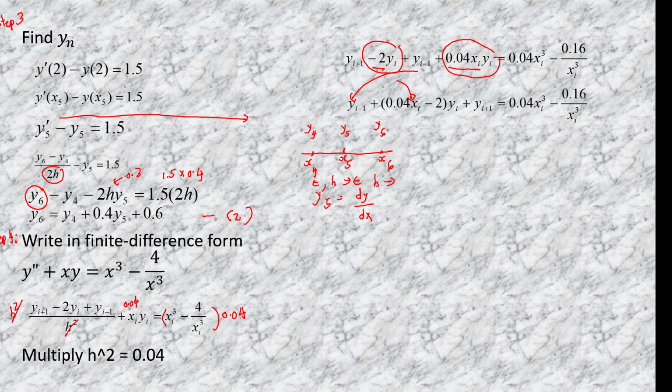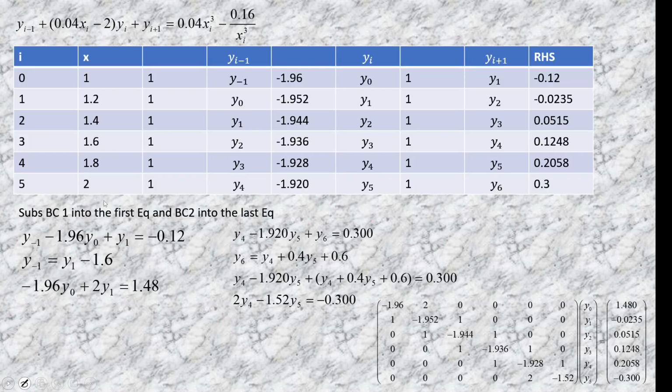After that, this is the formula that we obtained just now: yi minus 1 plus 0.04 xi minus 2 yi plus yi plus 1 equals 0.04 xi cube minus 0.16 divided by xi cube, for i from 0 to 5, as you obtained in step 4, where x is 1, incrementing by 0.2 up to 2.